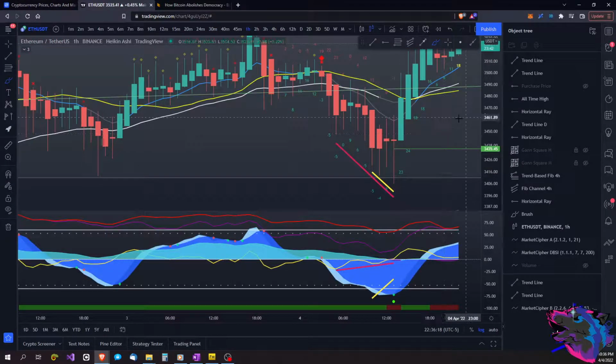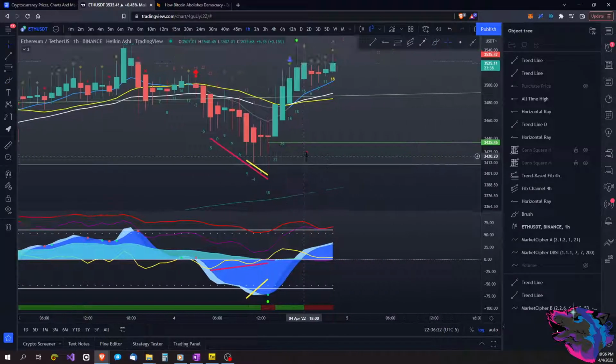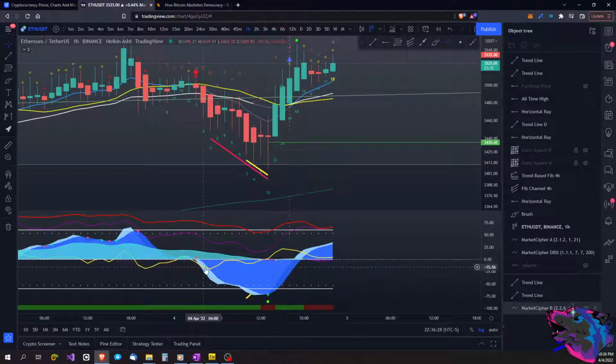Then we come up to the 1 hour, which is the original time frame that I had drawn this VWAP divergence on. And I was like, okay, we're seeing it on the 1 hour. That's pretty encouraging. As you can see, we don't have the momentum wave divergence any longer.